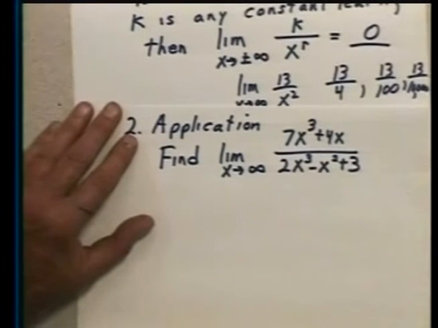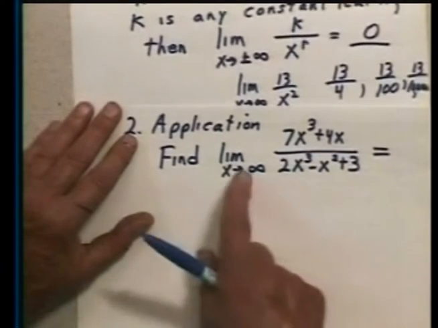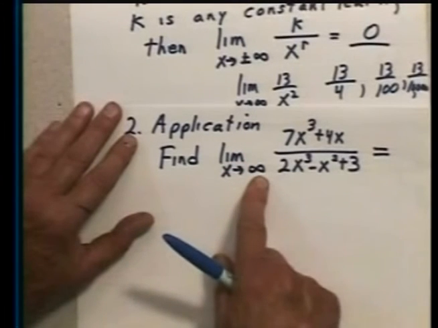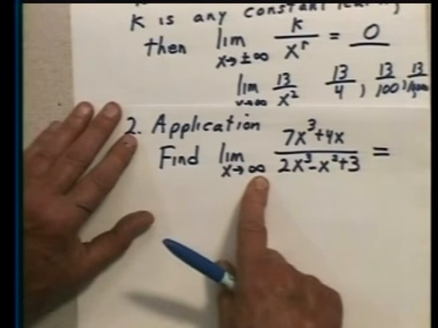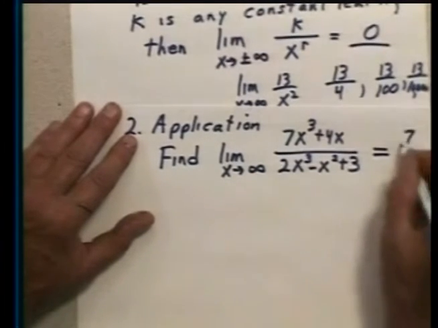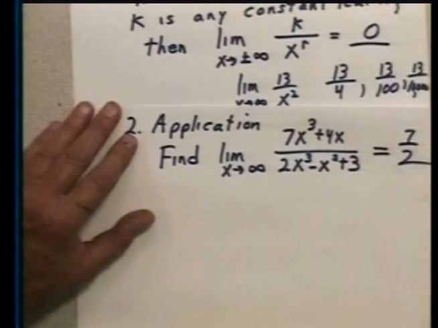Now, without doing any work whatsoever, you should be able to tell me the answer. Because on a problem like this, when you take a limit as x approaches infinity, they're only asking for the horizontal asymptote, which occurs where? That's the answer. That's pre-calc.